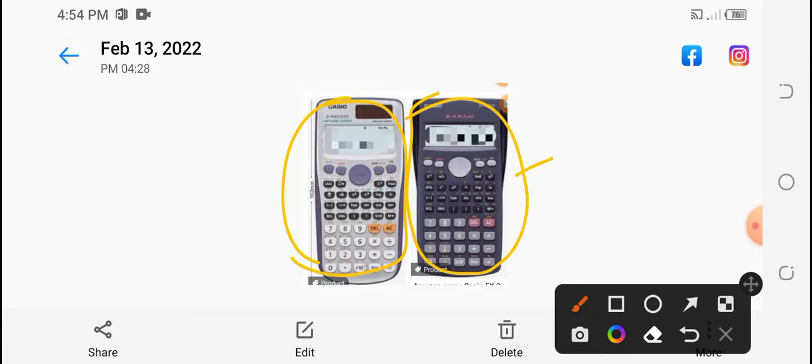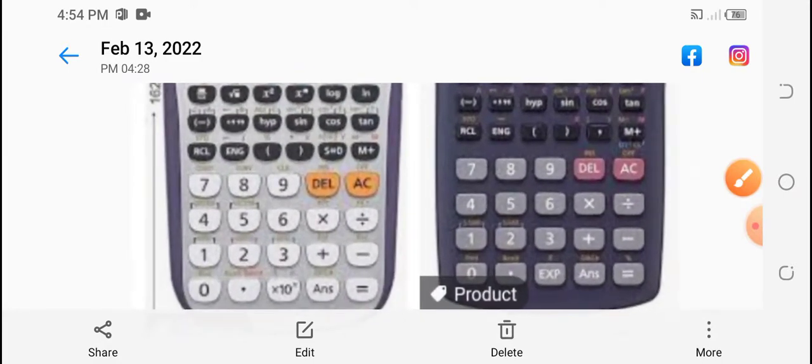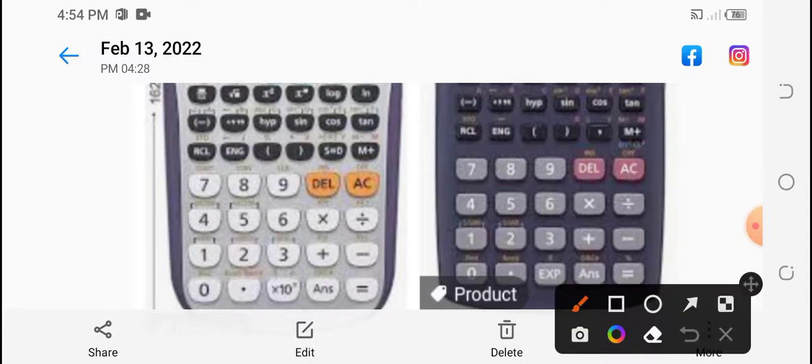So, as we said earlier, 6.022 times 10 raised to 23. The numbers we take from the keypad.